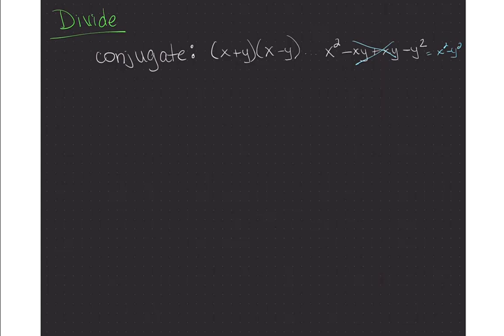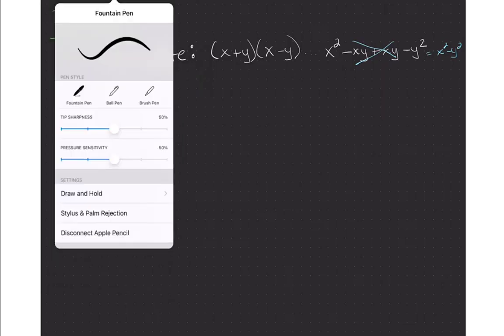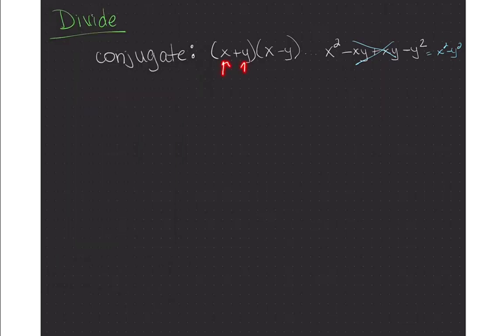So that's where that conjugate came in. If these are exactly the same and your sign in between is opposite, when you multiply them out, it always cancels those middle terms. So this gives us no middle term.